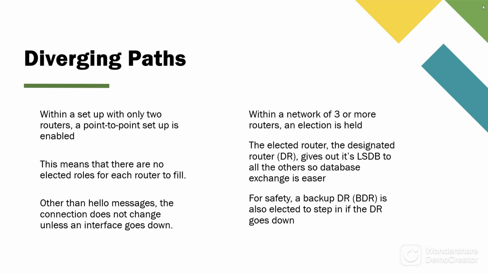If it finds a router with a higher priority value, the router will switch to advertising that router instead. This will continue until every router advertises the same router's priority value. Once done, the elected router will be made into the designated router.